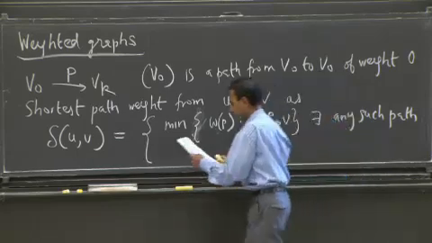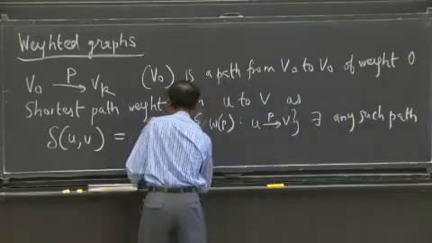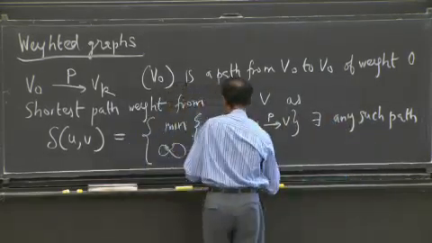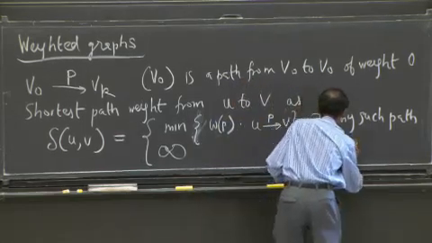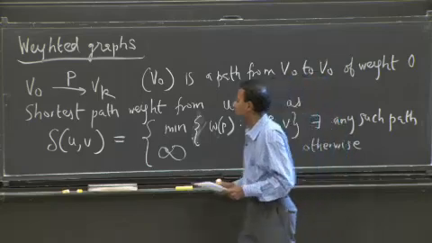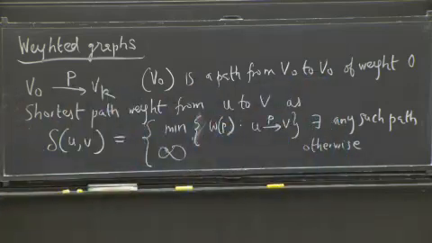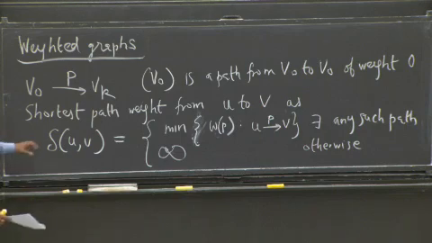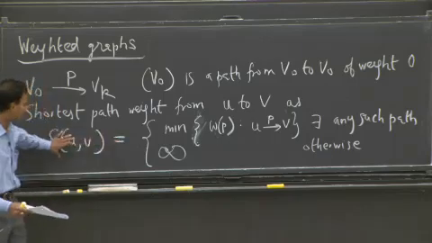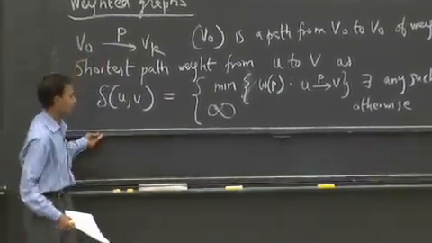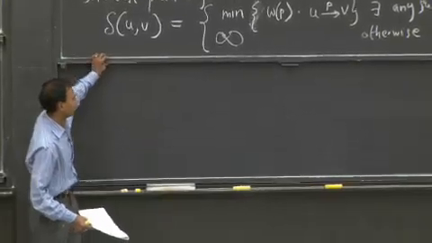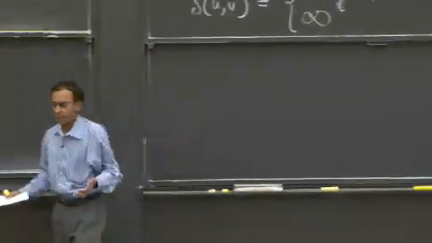And you want this to be infinity, the weight to be infinity, otherwise. So if you're only talking about roads, going from here to Tokyo should have length infinity. A little matter of the Pacific Ocean in between. So that's the setup in terms of the numbers that we want to see.